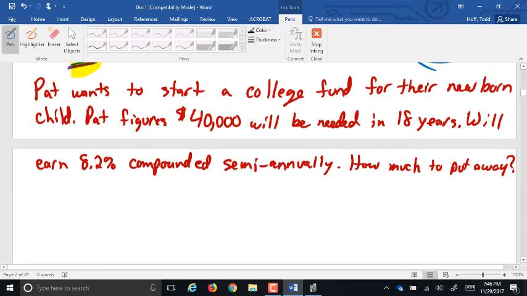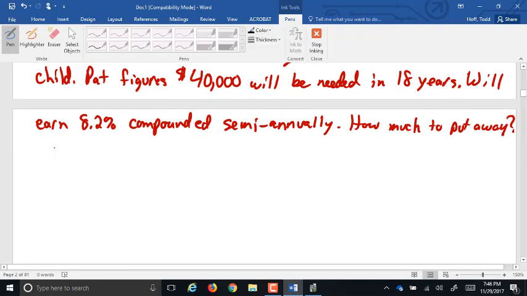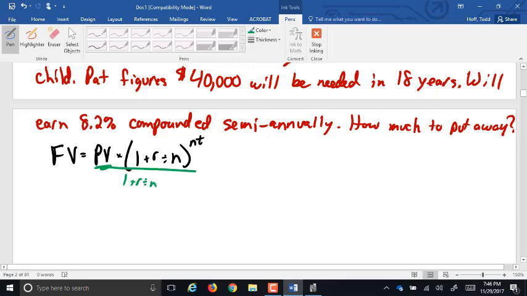Now this formula is way easier than you would think. The formula we just used was the future value is equal to the present value times 1 plus r divided by n to the power of nt, right? That look familiar from about an hour and a half ago? What if we want to find the present value? Well, if we want to solve for the present value, it's being multiplied by this factor. We just have to divide that factor out, right?